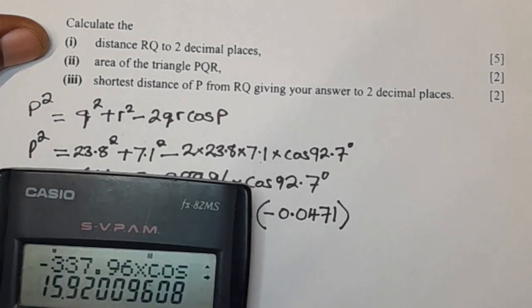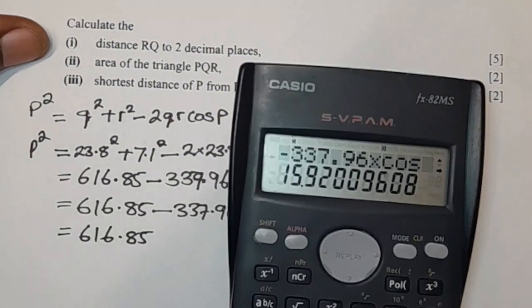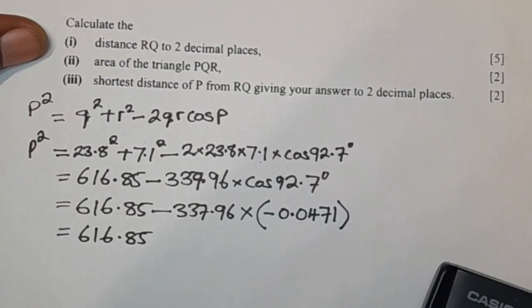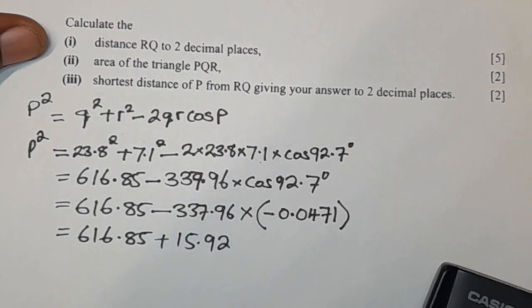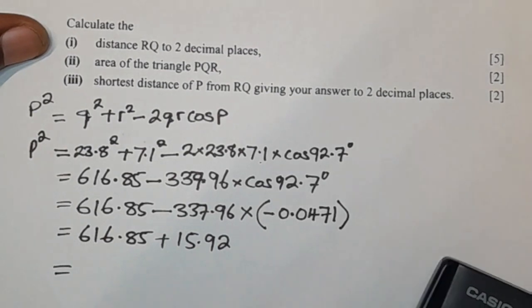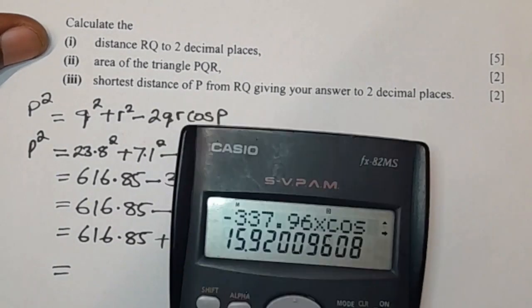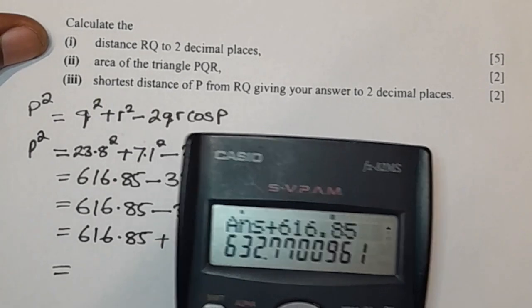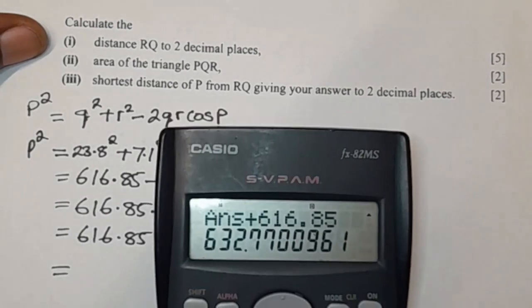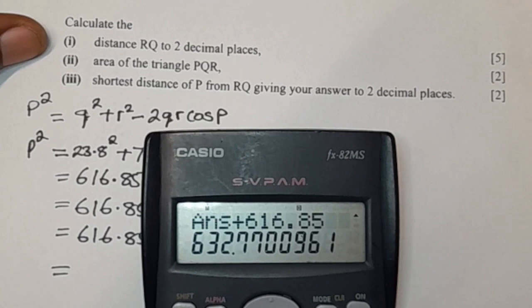This gives a positive value, 15.92. So we are adding 616.85 to the positive value that we found, and then we have 632.77.